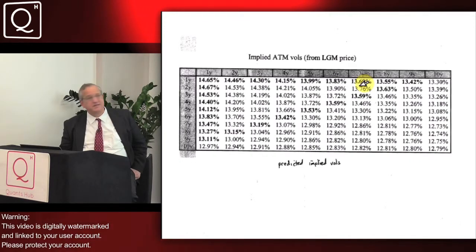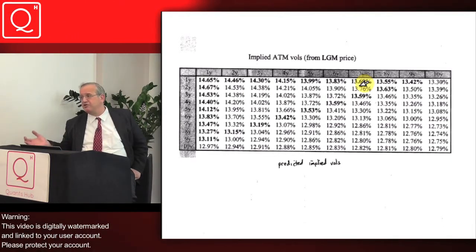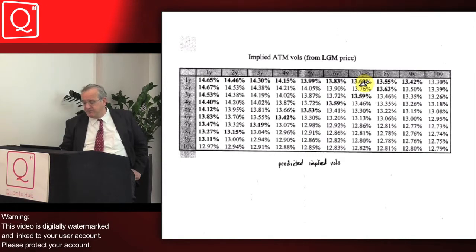So this is where you gotta love Excel. These are the implied volatilities calculated from the dollar prices from the calibrated LGM model. So these are the theoretical implied volatilities for all the swaptions in the matrix.